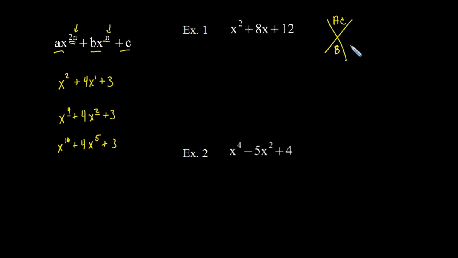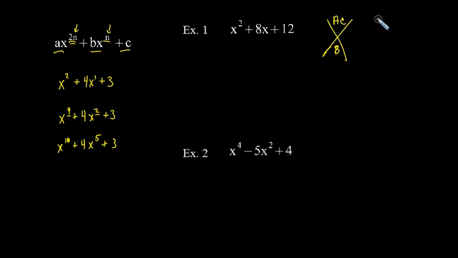I use the x method as far as an algorithm goes. As you become a stronger mathematician and learn more about factoring, I encourage you to work on your guess and check or trial and error strategy, where you're just seeing the factors of the polynomial and being able to predict those based on the patterns of the third term and the middle term.